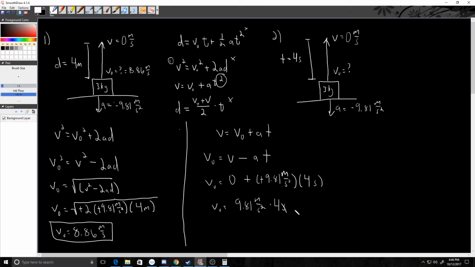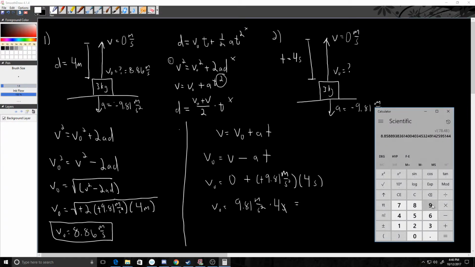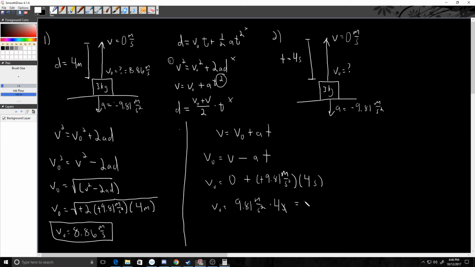All right, 9.81 times 4. Bring this over. In this case, our starting velocity was 39.24 seconds, or sorry, 39.24 meters per second. Okay, that was my takeoff velocity.